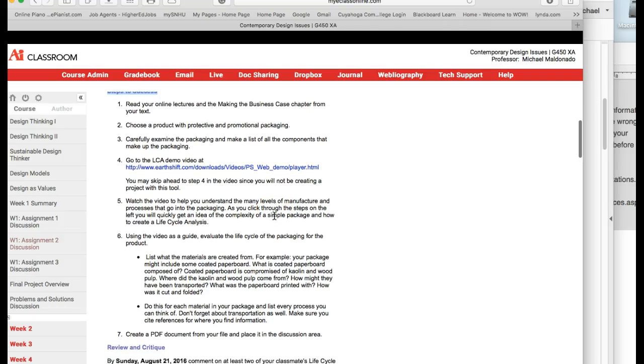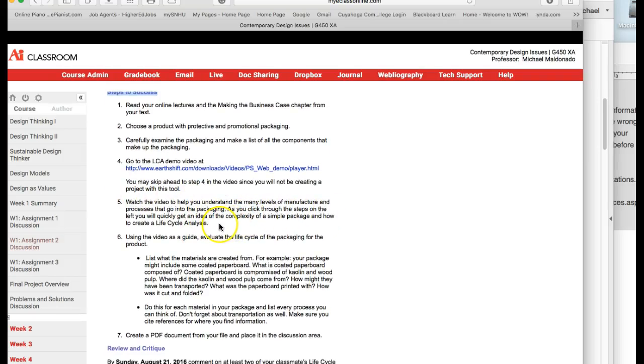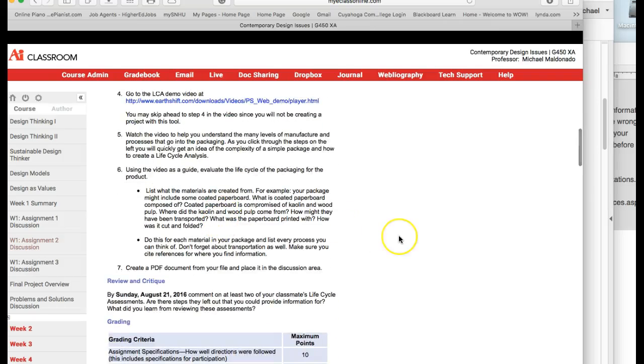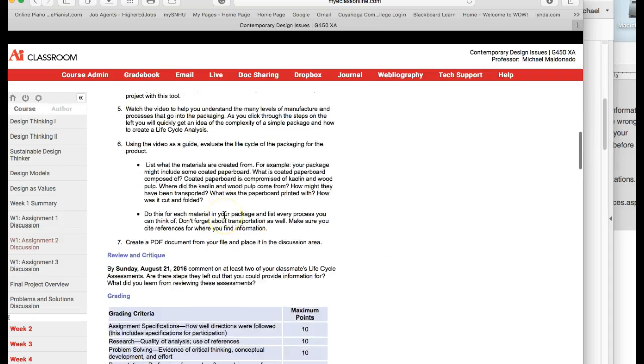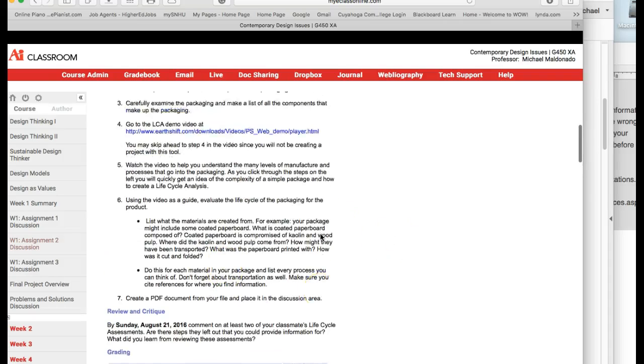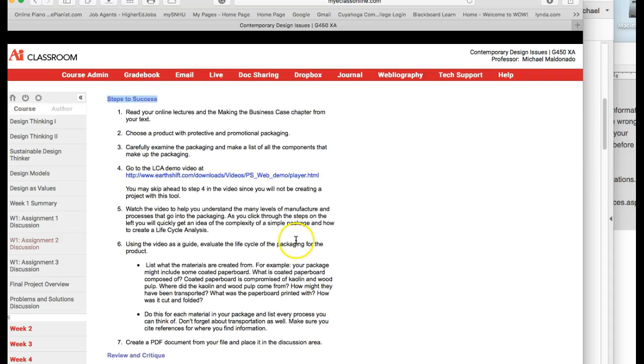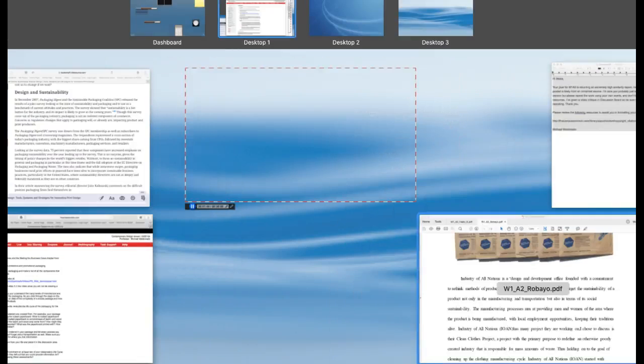Okay, as you click through the steps on the left, you will quickly get an idea of the complexity of a simple package and how to create a life cycle analysis. And I wanted you to take a look at the life cycle analysis of your work.